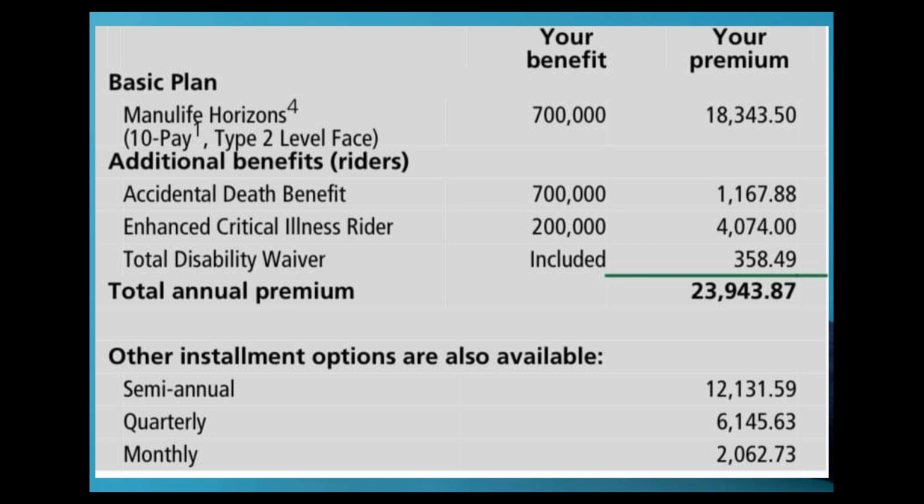Aside from this, as you can see, the investment is only 18,343 because that is the budget of my client. You can also make a top-up premium, meaning this is just like savings if you want to add an amount at any time that you want. The minimum that you can add for your investment is 5,000.